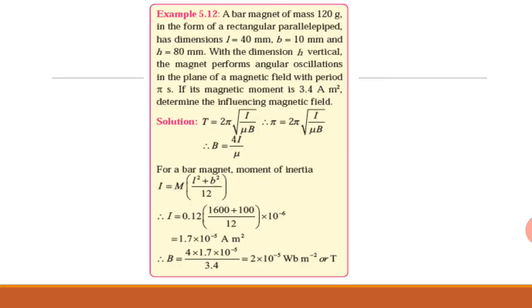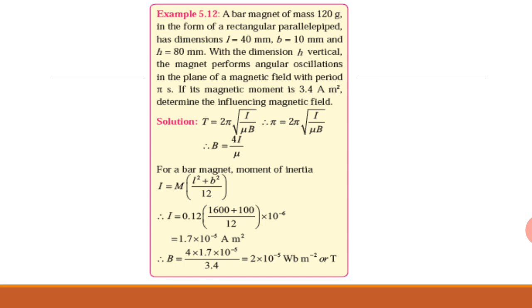Let's solve one numerical. A bar magnet of mass 120 gram in the form of a rectangular parallelepiped has dimensions: length 40 millimeter, breadth 10 millimeter, and height 80 millimeter.